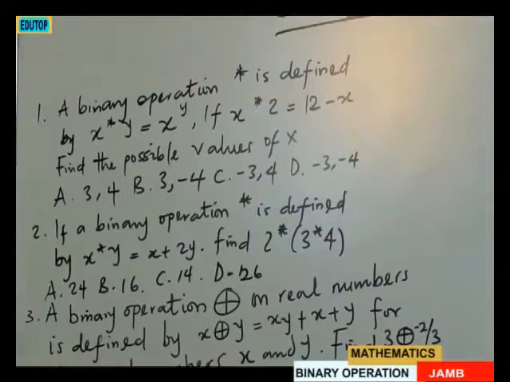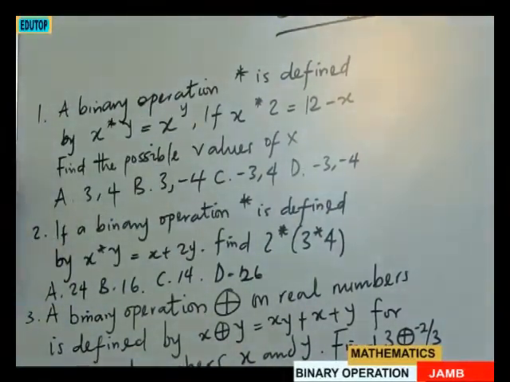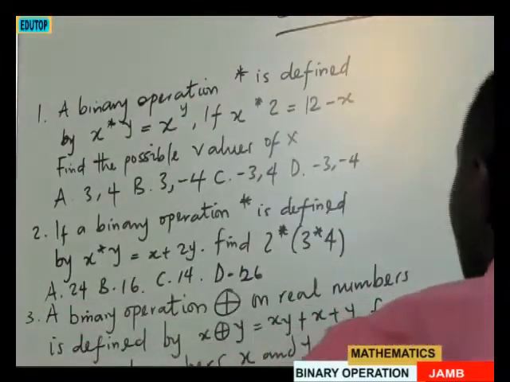Now, these are the UTME questions under the binary operation. So it is very pertinent to note that these are the questions that have been extracted from the UTME series. So each one is a UTME question.